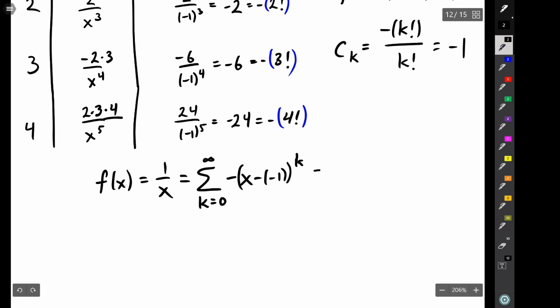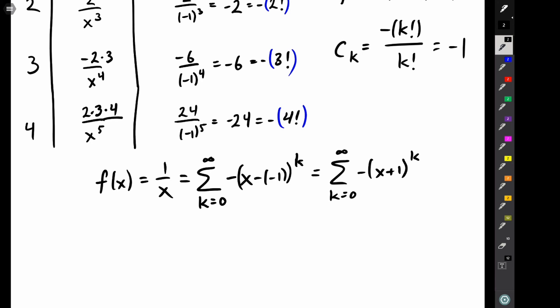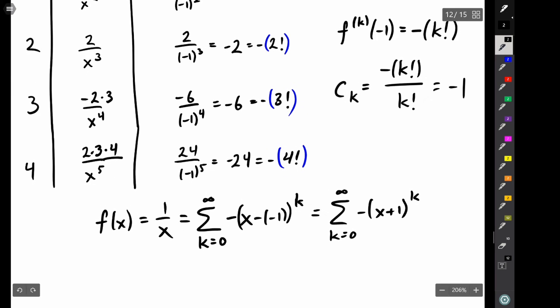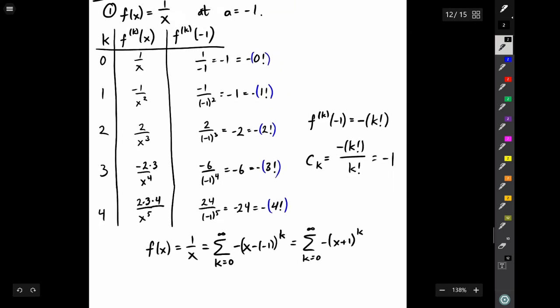So this is the sum from k equals 0 to infinity of negative (x plus 1) to the k. Now the question is, what is the radius of convergence here? What is the interval of convergence? Well, we can find the radius actually.